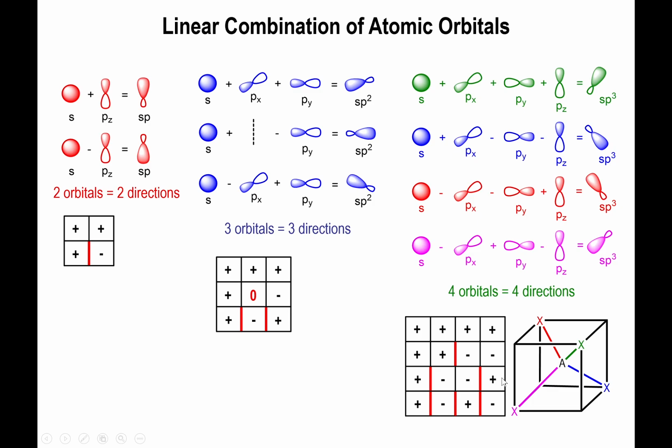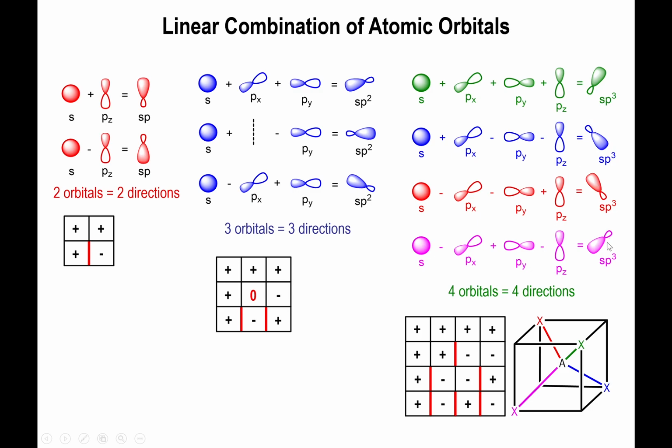For the third row, you want two nodes, so you have positive, negative, negative, positive, and you want them to be semi-symmetrical, so that you have a proper distribution of nodes. The last one has three nodes altogether. So those are the signs for each of the orbitals: plus, plus, minus, minus, plus, minus, minus, plus, plus, minus, plus, minus.